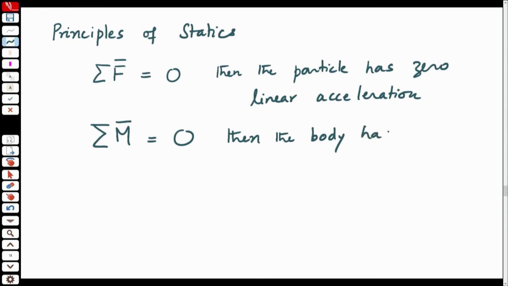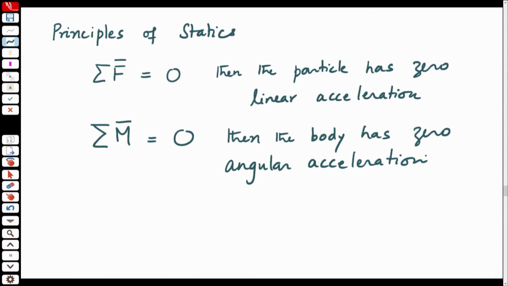A particle does not; you can't apply a torque about a particle. Angular acceleration does not have any meaning for a particle. You can talk about angular acceleration and angular velocity only for a rigid body, right.